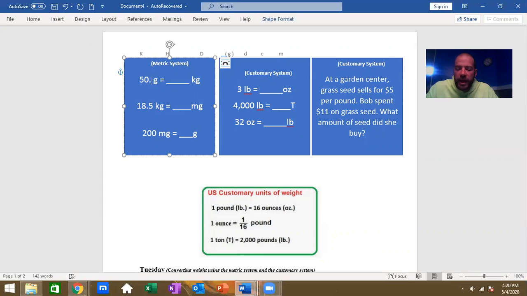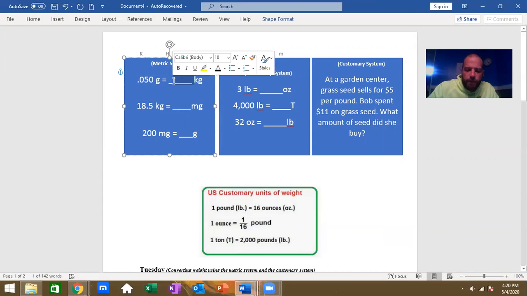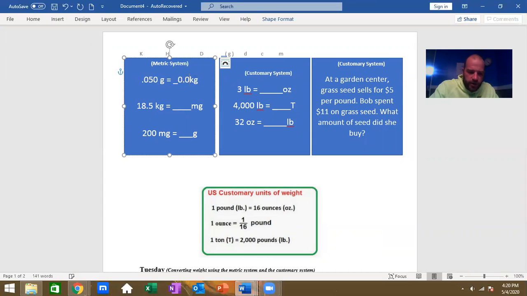And if we move it left 1, 2, 3 spots, whoa, it turns into 0.05, or 0.050, right? So 0.05. So it was 50, it turned into 0.05 kilograms.